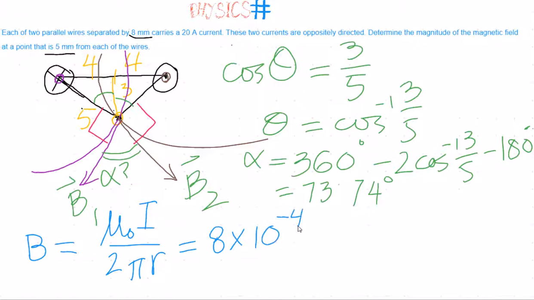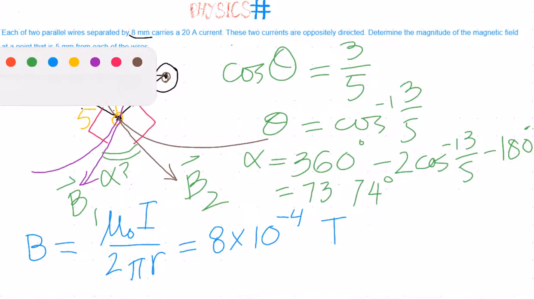Awesome. That's in Tesla, the unit of magnetic field. So now we know the magnitude of those two vectors, and we know the angle between them, 73.74 degrees. The final thing to do at this point is to just add them up.